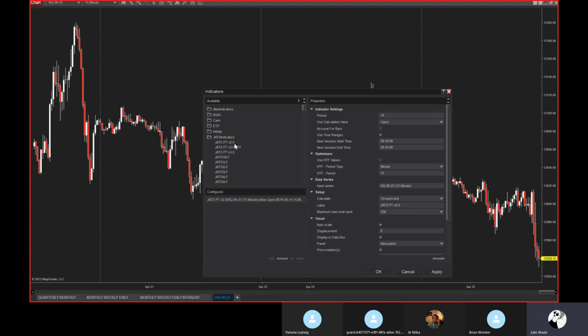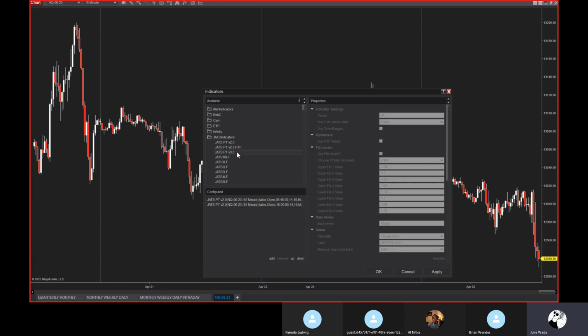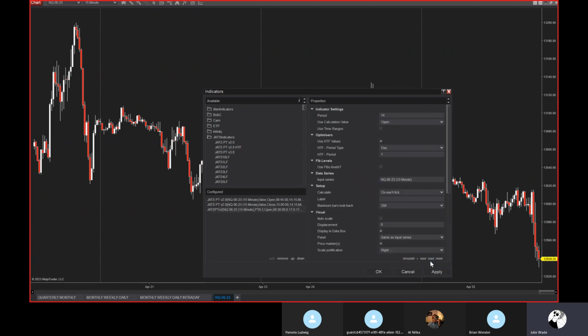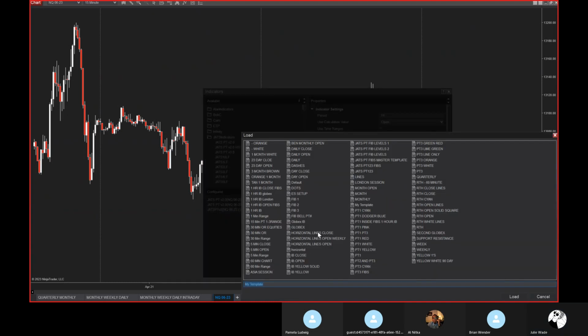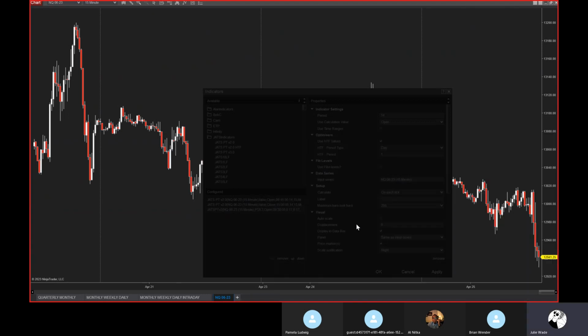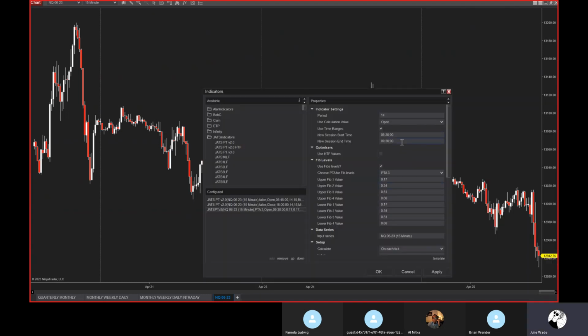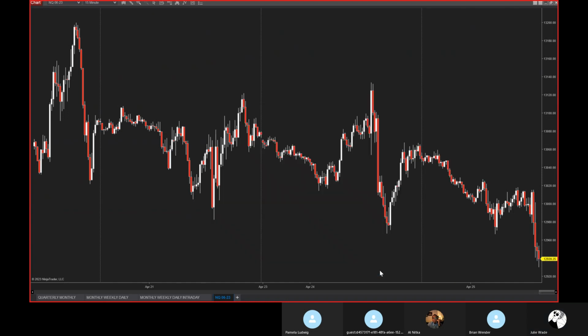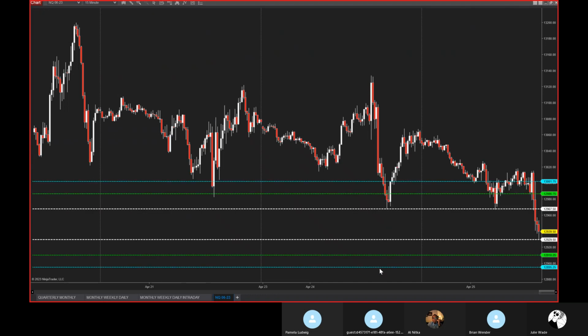Put another PT2 on it, and then I want to put a PT3, and I'm going to use a horizontal line on the open and make it from 09:45 to 10, right here.